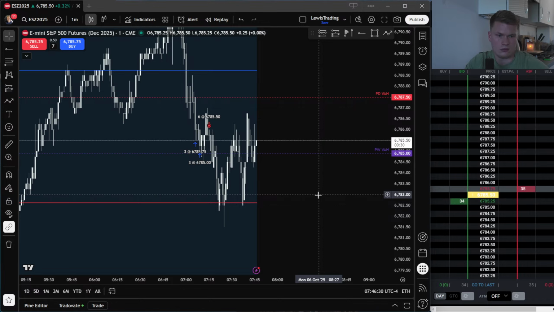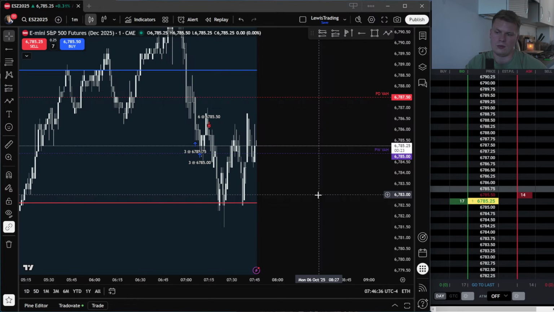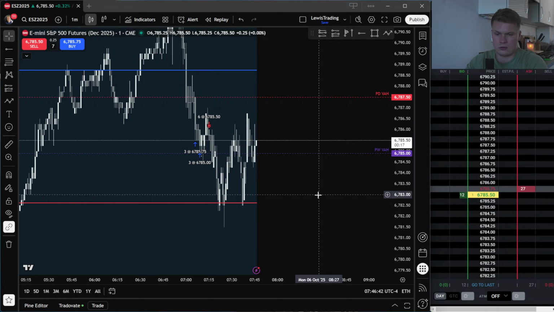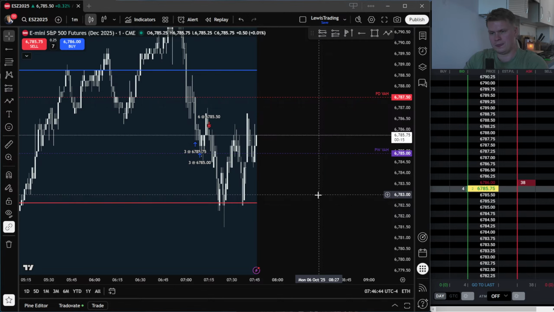I started getting into the realm of, oh, it's an algorithm. And you can look at it from that point of view, but you can't lie on this. If you've got the DOM up, I haven't got level 2 data at the minute, it's still not working, but you can't lie on the reactions you get when there's 150 orders sat at a certain level and you see that bounce.